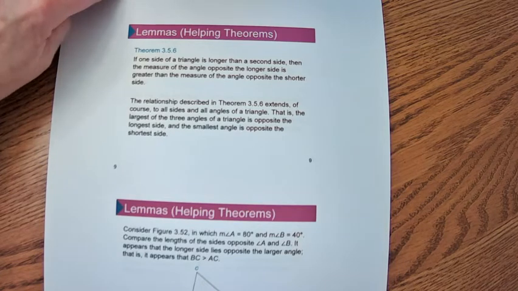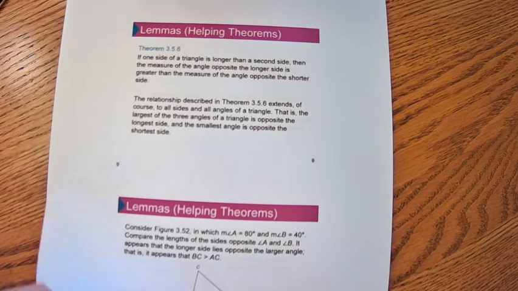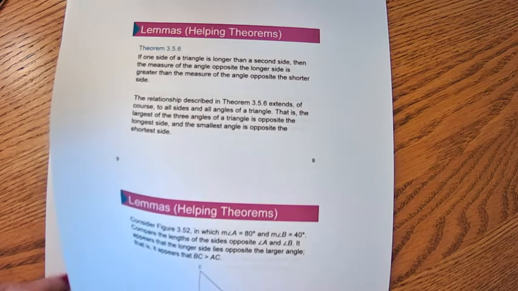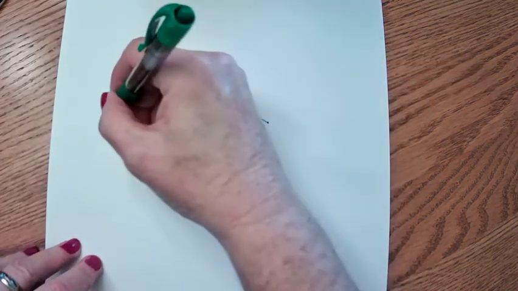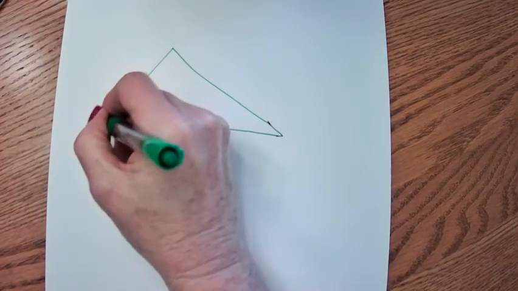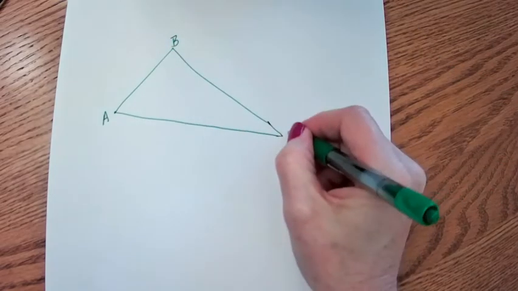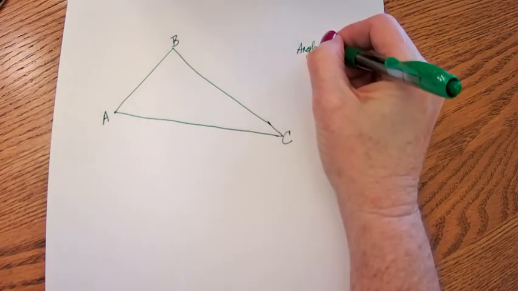All right, moving along. Let's just talk about the relationship between, in a single triangle, the sides and the angle measures. And this is true for any triangle. Okay, so if I have triangle ABC, here I'm going to have my angles.